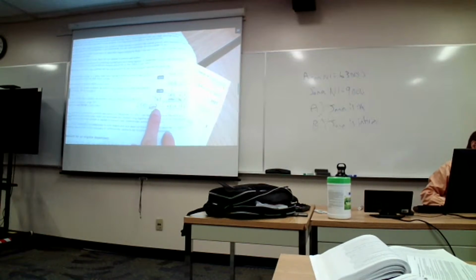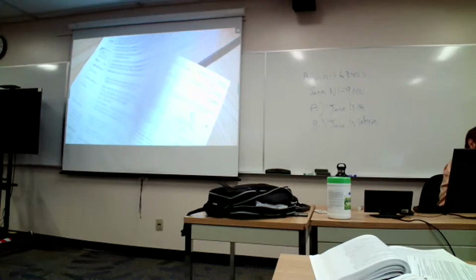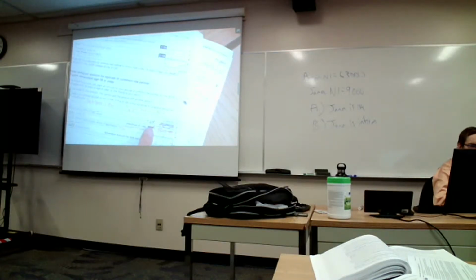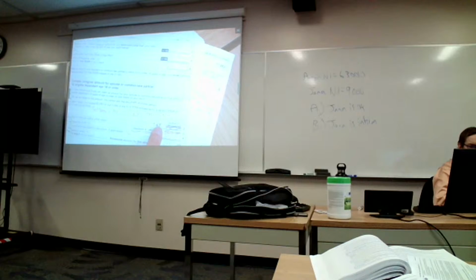So instead of 9,000, it's 7,368. So 6,440 would be the amount that he could claim for John as basic personal amount. So with that in mind, we would have our 7,368 income.